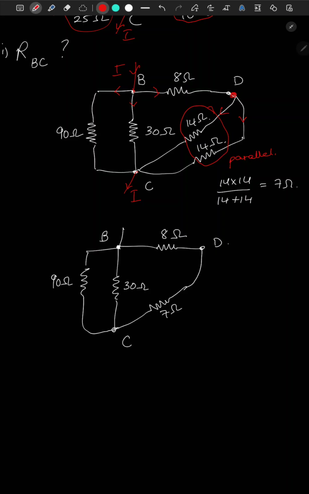Again, we draw the current direction, so it enters B and leaves at C. So the three different paths would be here, and the same current will travel along 8 ohm resistance and goes along the 7 ohm resistance. So these two are in series.